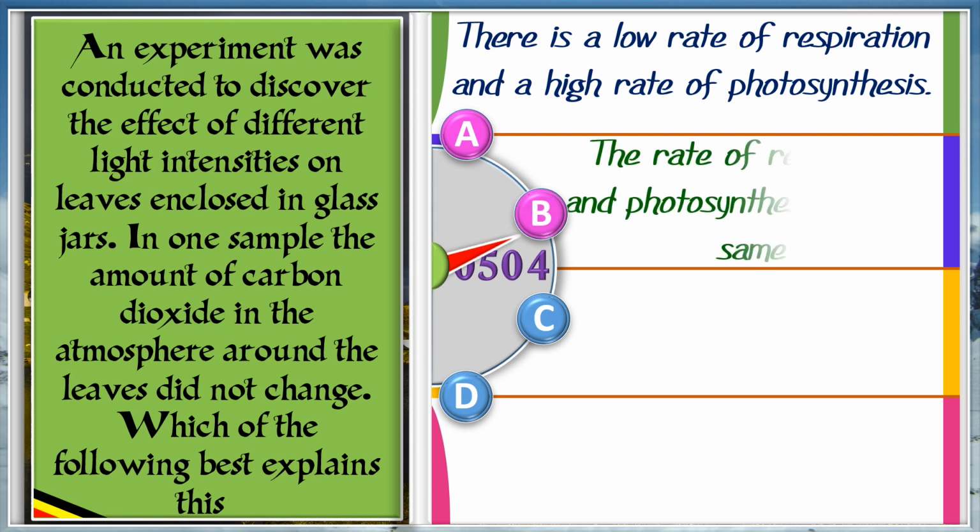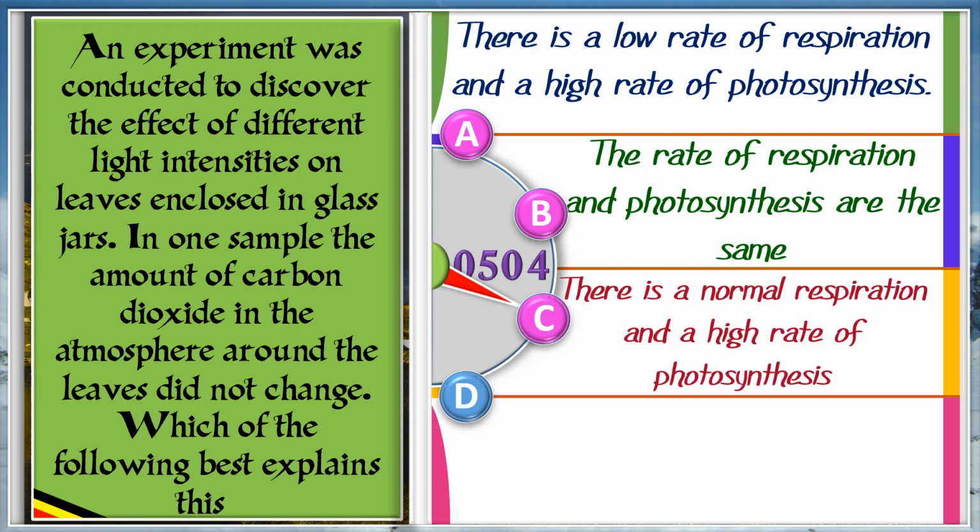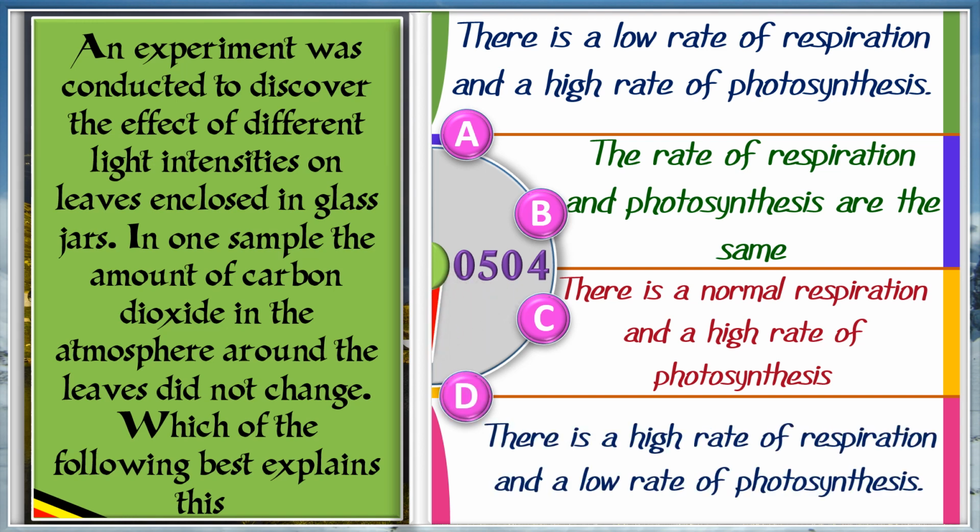B. The rate of respiration and photosynthesis are the same. C. There is a normal respiration and a high rate of photosynthesis. D. There is a high rate of respiration and low rate of photosynthesis. And the answer is B. The rate of respiration and photosynthesis are the same.